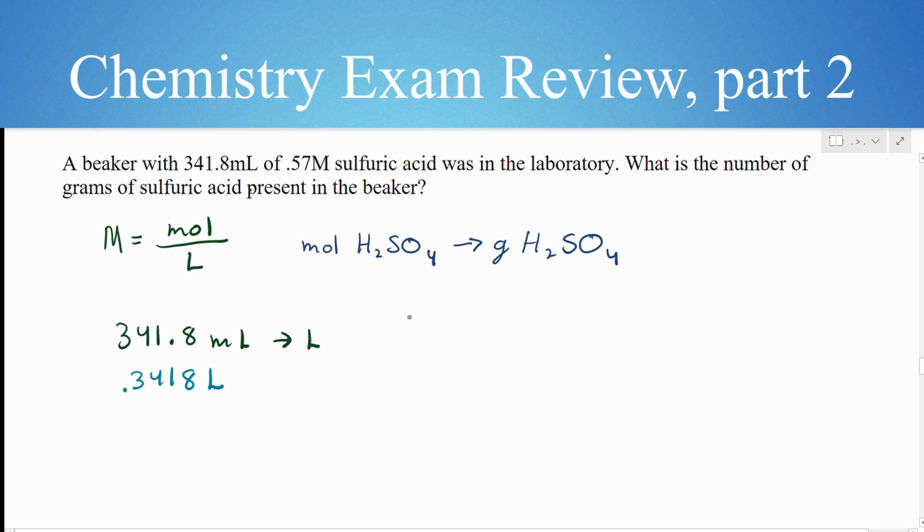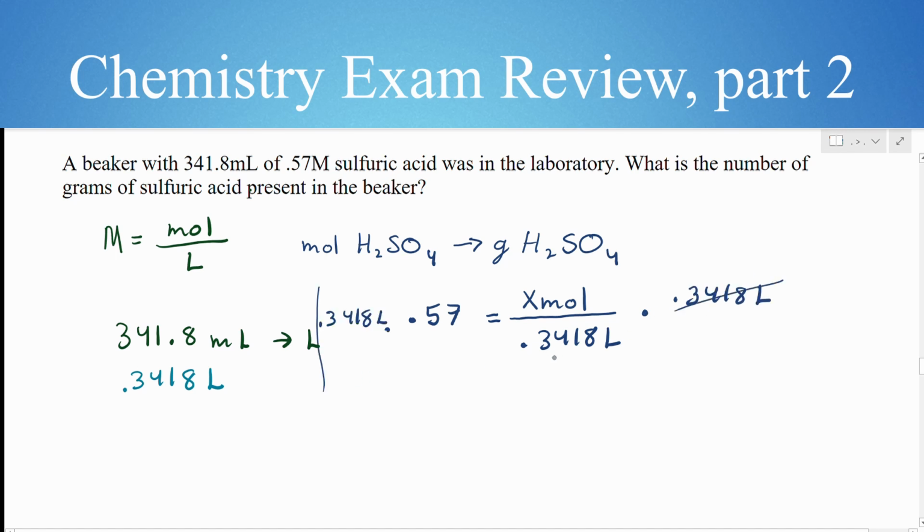The molarity is 0.57 M, and this is equal to the moles, currently unknown, so I'll put an x here, divided by the liters, which is 0.3418 liters. To find x, we multiply both sides by 0.3418 liters.